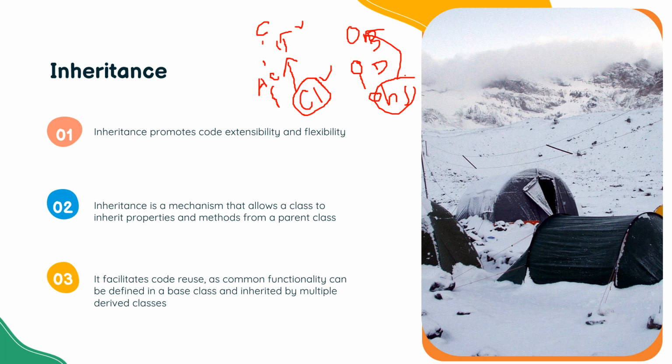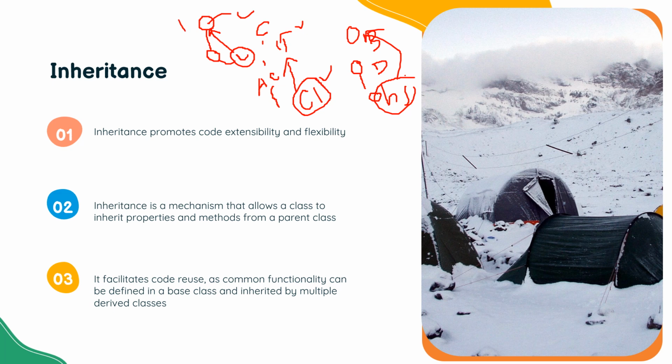Okay, just try to understand. If you define a class, this is a class and this is the object. When you derive this class into another class and create an object of this class, this particular object can also access the data of the parent class.